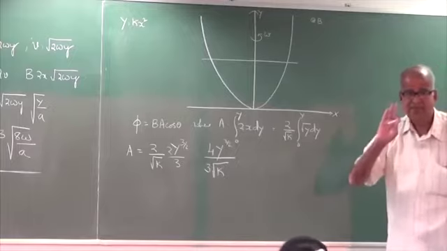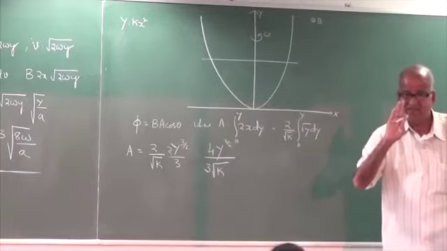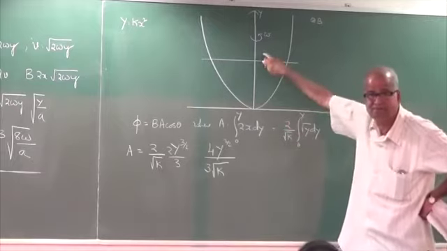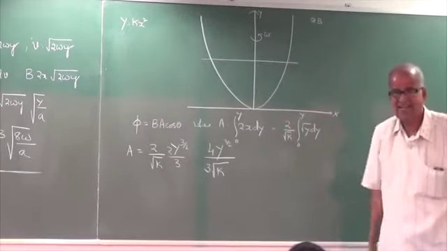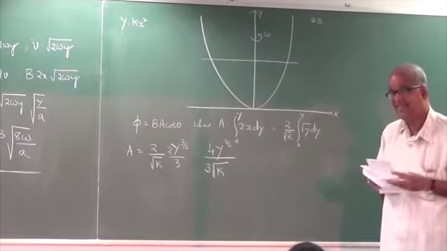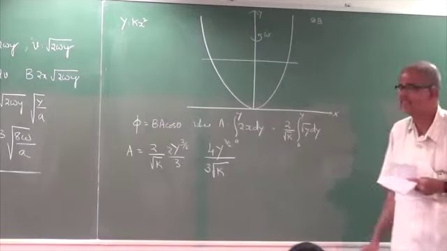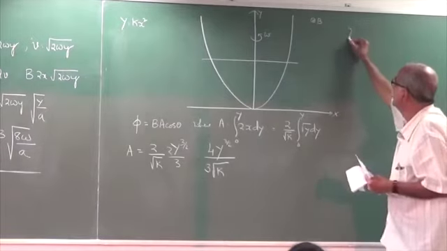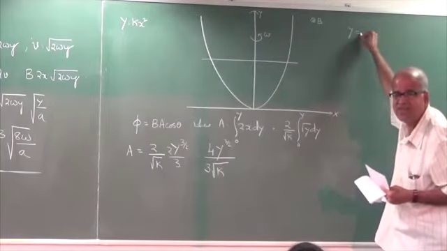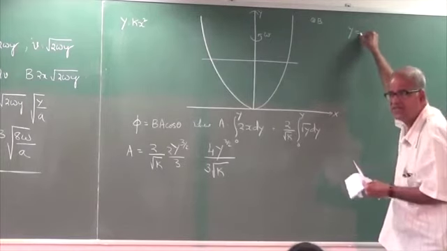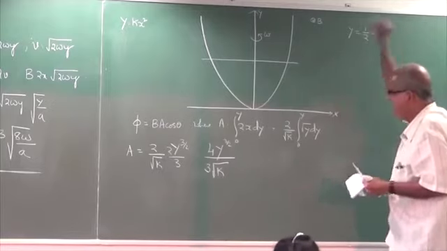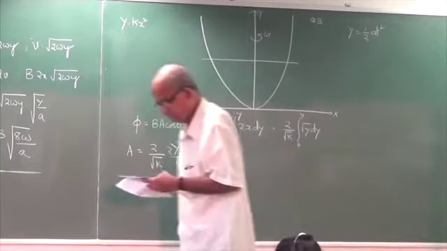Clear? Now, during this time, when the frame has turned through an angle theta, this bar has gone up. Okay. What is the distance it has covered in that time along the y direction? Use S is equal to ut plus half at squared. It starts from rest from the apex, say. So, half a t squared.